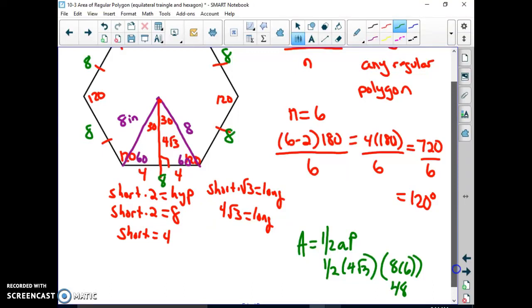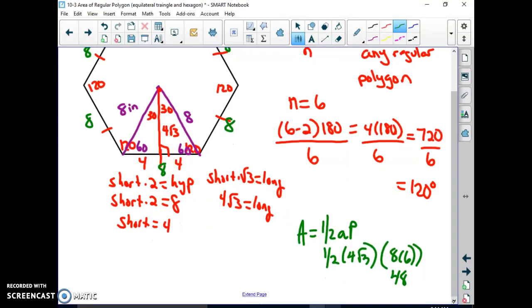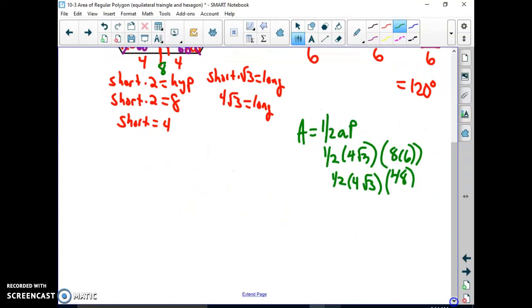So I'm going to have 48 times 4 radical 3 times 1/2. If I take half of 4, it becomes 2 radical 3 times 48, and then 48 times 2 is 96 radical 3.